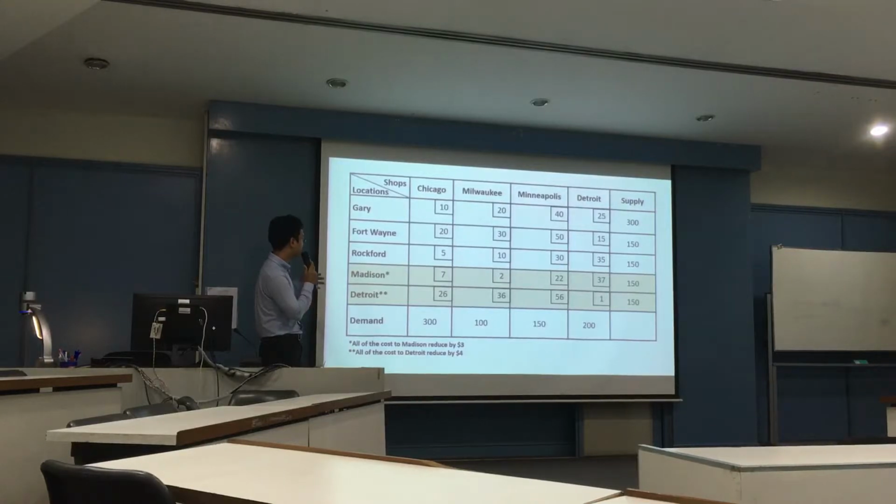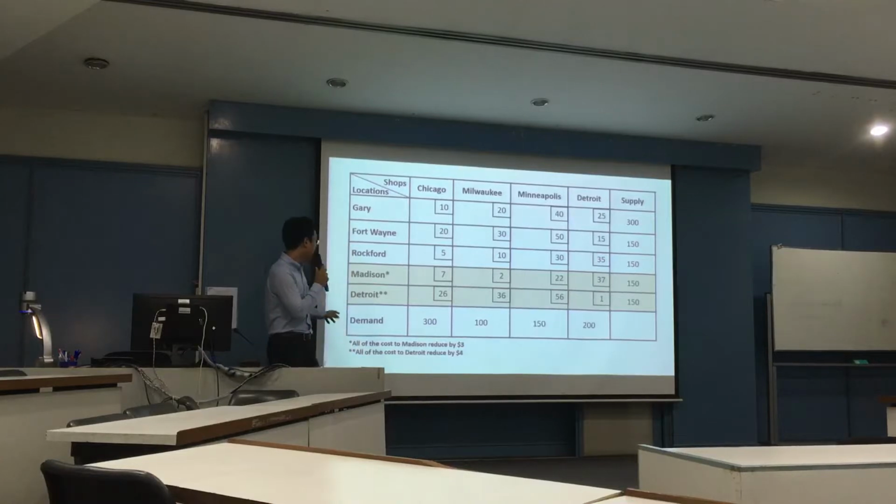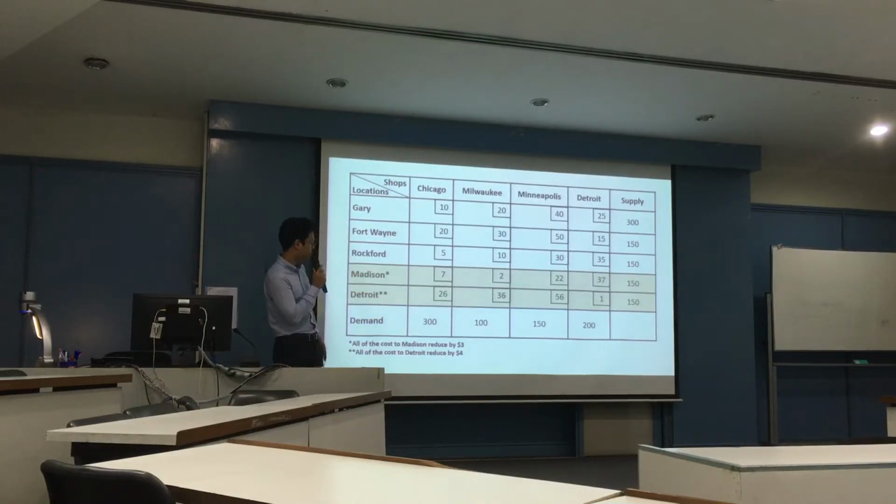In Rockford there is no advantage, so the transportation cost remains the same. In Madison, because of the cheaper labor cost, we deduct 3 from the current transportation cost. And in Detroit, because of the cheaper raw material, the fiberglass, we deduct 4.